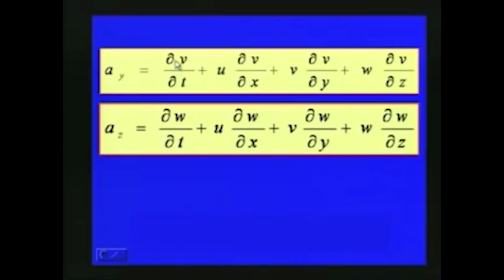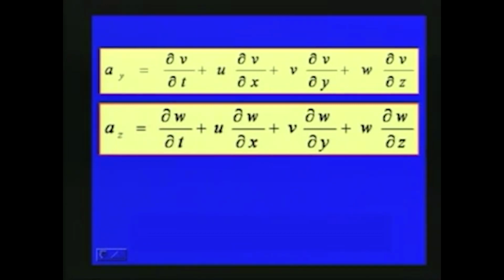Similarly, we can write the acceleration in y direction as a y is equal to del v by del t plus u into del v by del x plus v into del v by del y plus w into del v by del z, and then acceleration in z direction can be written as del w by del t plus u into del w by del x plus v into del w by del y plus w into del w by del z.